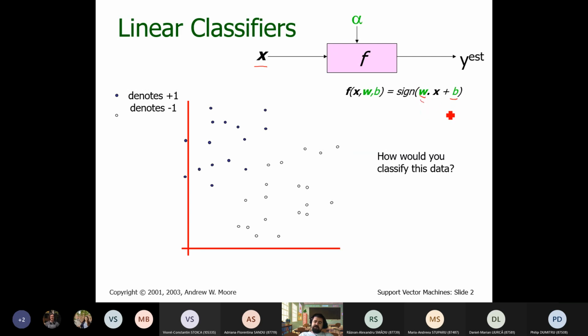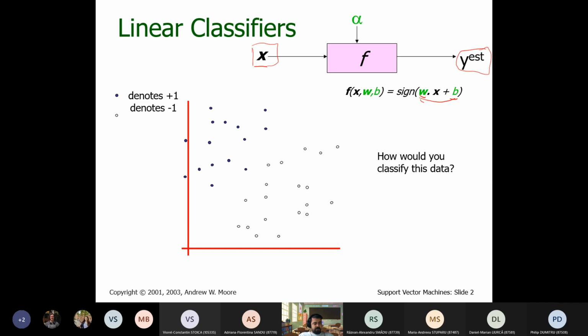W are the weights and b is the bias. Based on the sign of this summation, the point is denoted as being part of one class or the other. So the input is an input vector x, and the estimation is a class that the classifier would output.